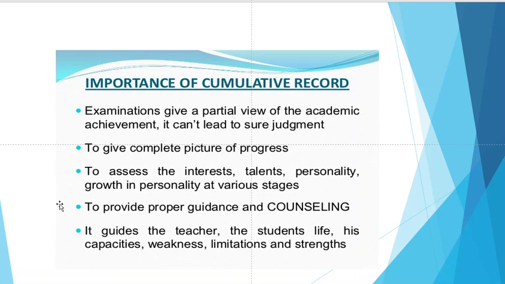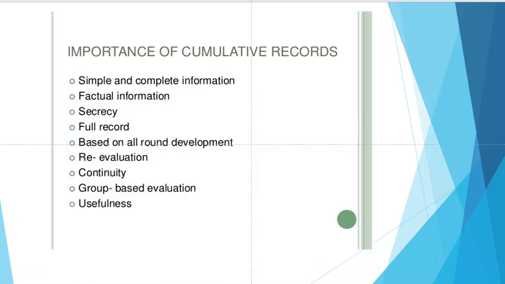For the teacher, it shows the student's life, capacities, weaknesses, limitations and strengths. A teacher can understand a pupil on the basis of this cumulative record. If anyone asks you to make a list of the importance of cumulative record, you can list these important things: simple and complete information. Whatever information you collect should be complete and simple so it is easy to understand.